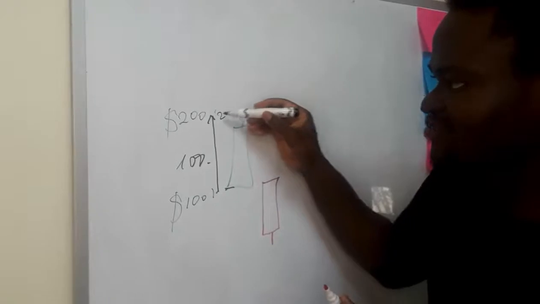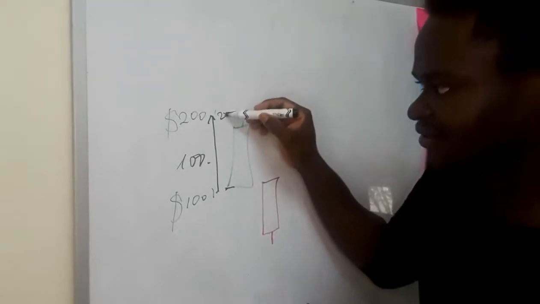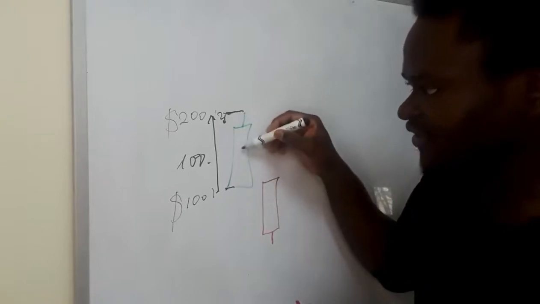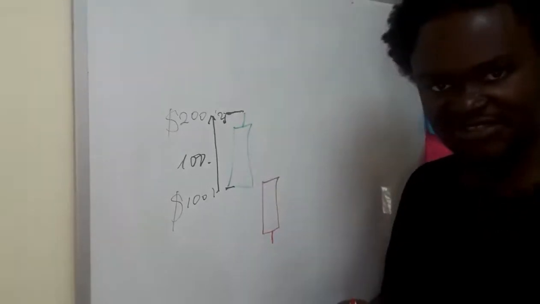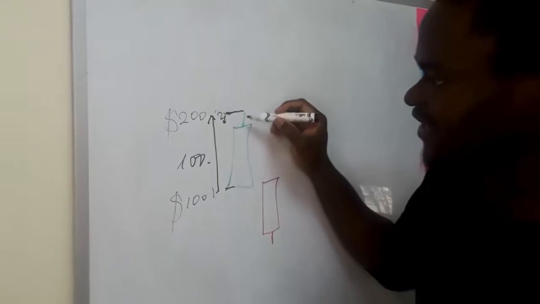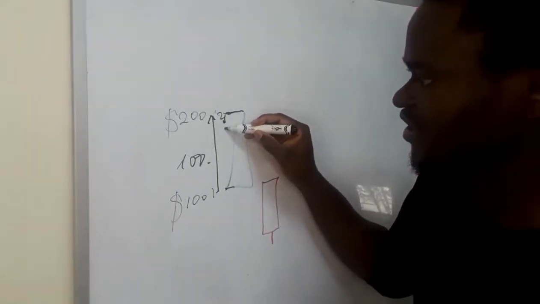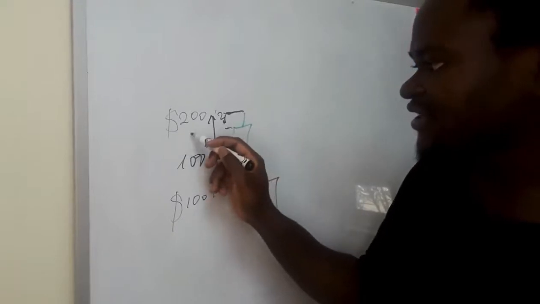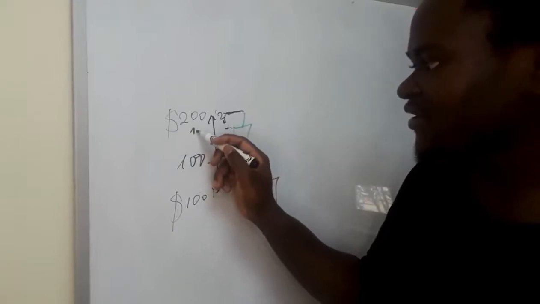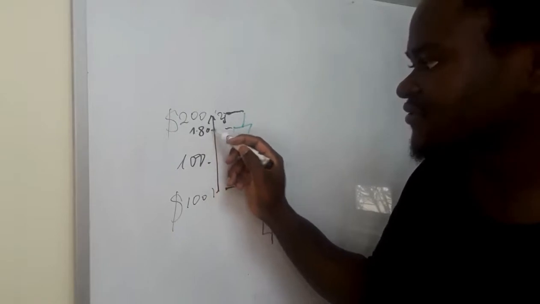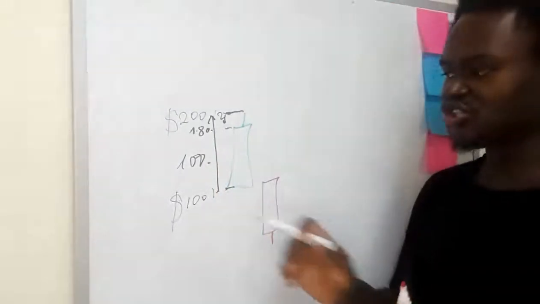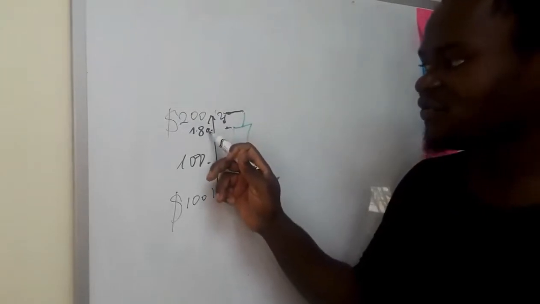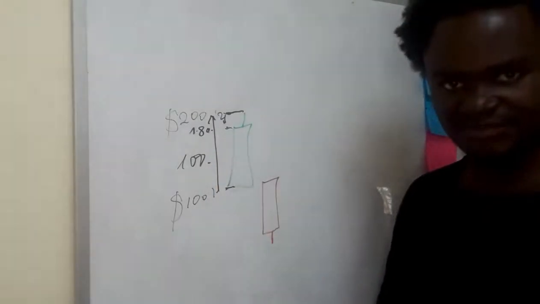But as more people decide to sell, the price of this given cryptocurrency starts to decrease. So let's say it decreases down to here. And here, maybe the price of this given cryptocurrency is at $1.80. So the person that bought here, if he is to sell here, this person would have made 80 cents.